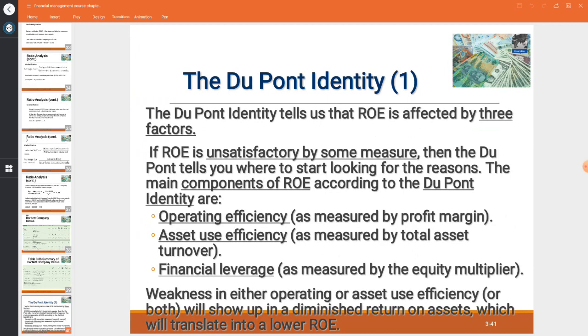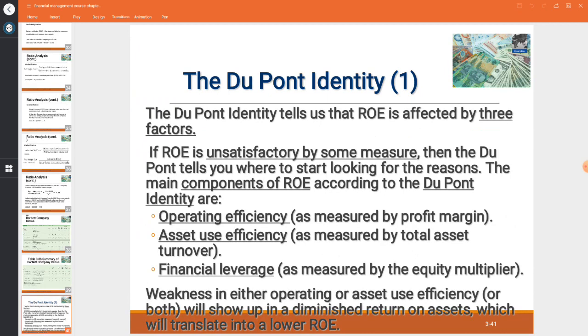Using the shortcut of the return on equity, which is net income divided by total equity, maybe this will not give you enough explanation about the situation of the return on equity in this firm. This is why a very famous scientist developed a system and identity, and we refer to it as the DuPont identity.